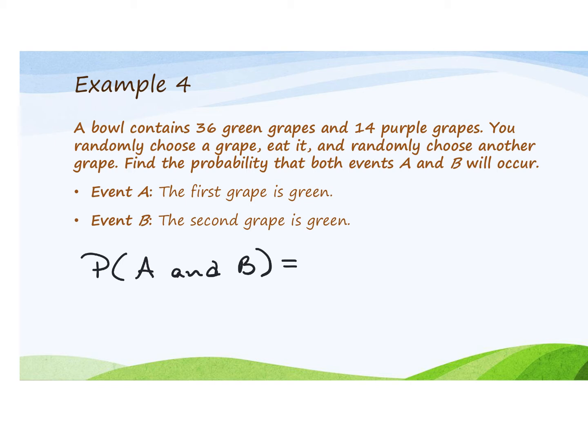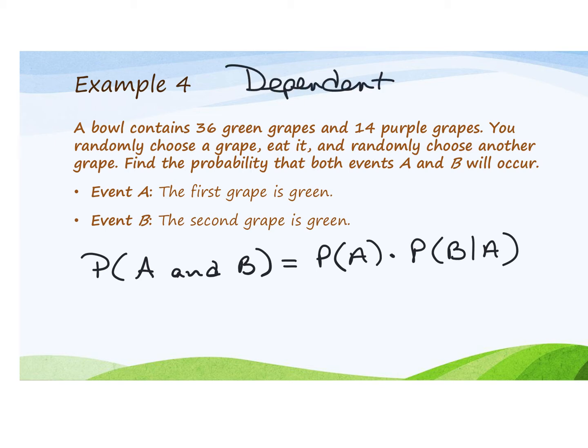And again, because it's dependent, because I've eaten the grape, I didn't put it back in the bowl, I'm going to be doing probability of A times the probability of B, given that A has already happened. So this is an example of dependent. What is the probability of event A happening? How many green grapes do I have?